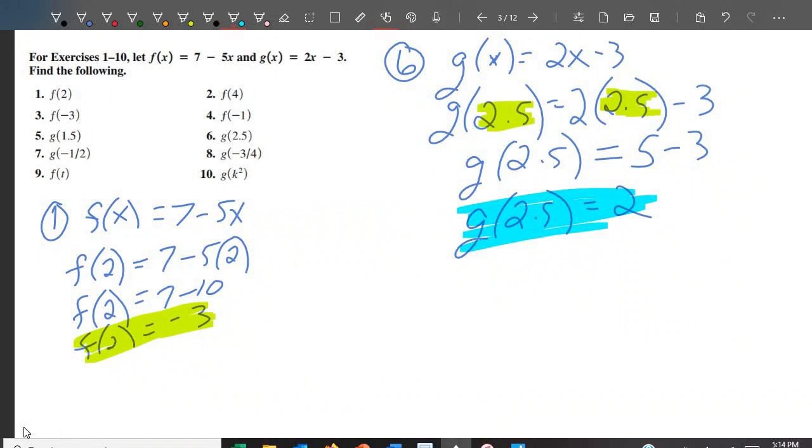All right, I'll look at number 10. It wants us to take g, and in the place of x, it wants us to put k squared. So let's just see what that's going to look like. We're taking function g, and we're going to put a k squared everywhere the x is.